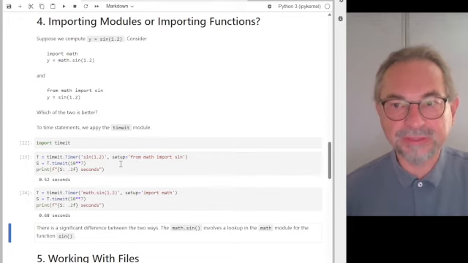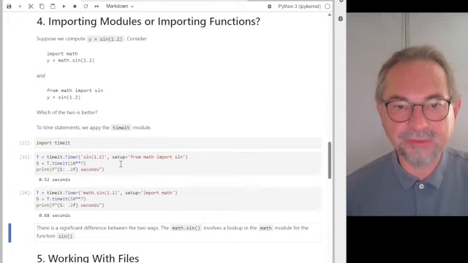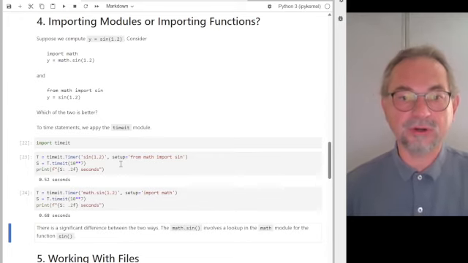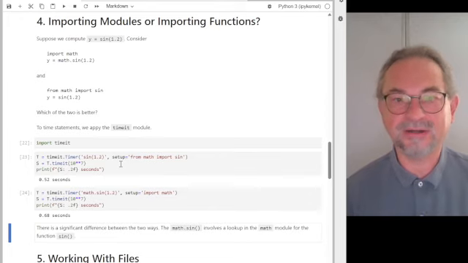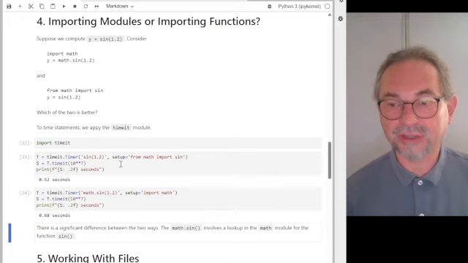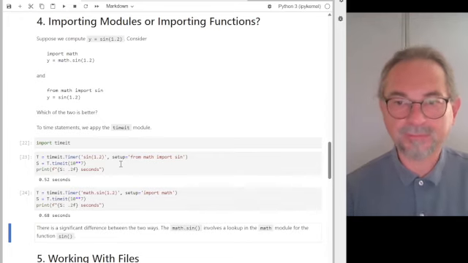A reason for this could be that every time you do math.sin, there is a lookup for where the sine function occurs in the math module. But the main point of this section is again, how do you time functions? Just a function call. How do you do that?